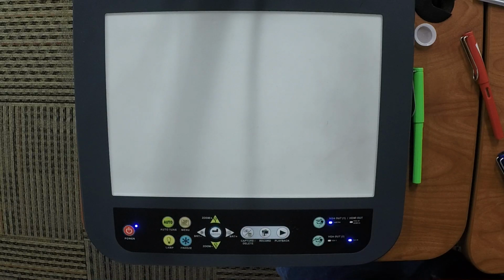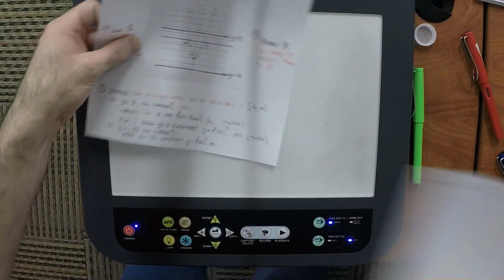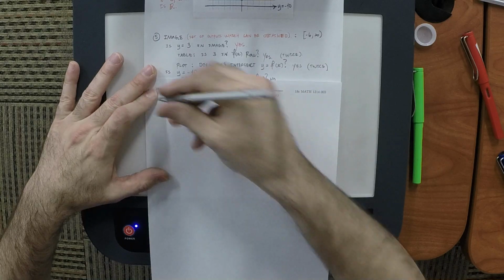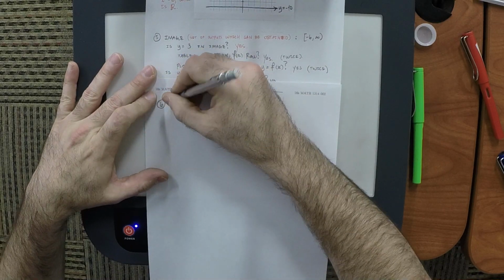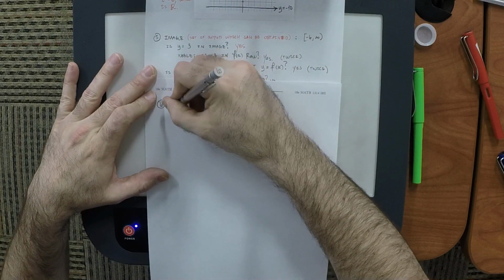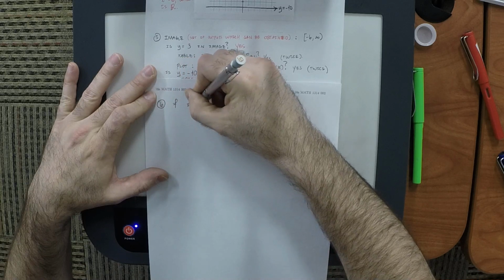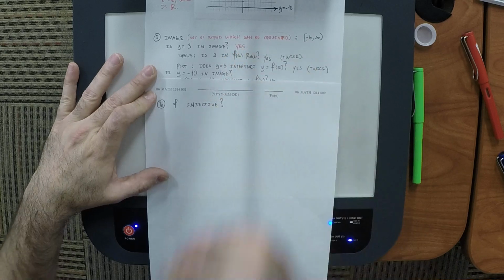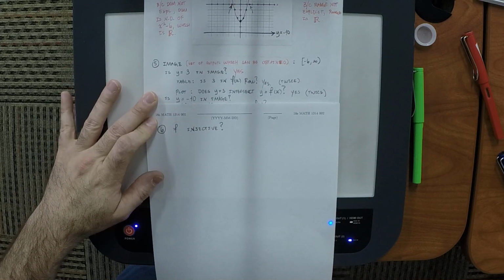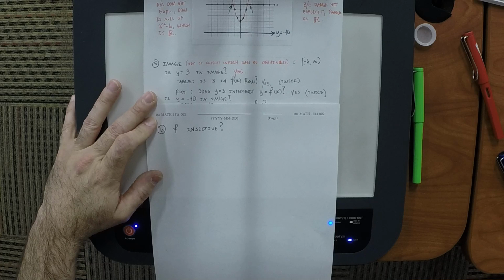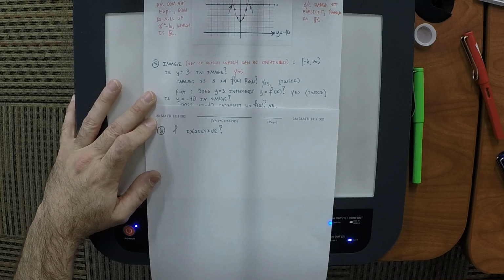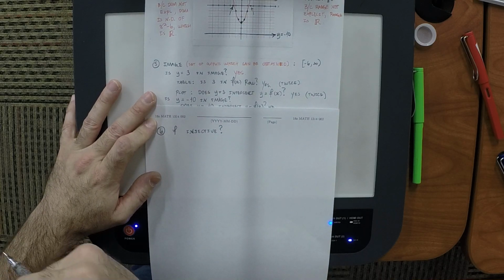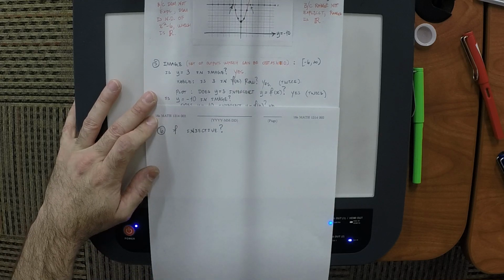Okay, so continuing this question. Is the function injective? Again, in terms of vending machines, to be injective means that every output that can be obtained can be obtained in exactly one way.